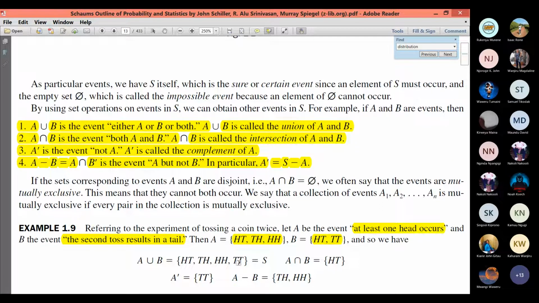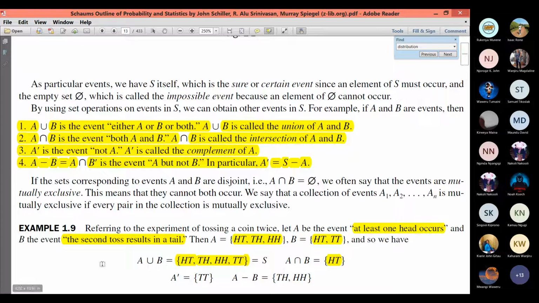Yeah, HT is common. HT is here and here. So we don't repeat elements. We just write HT once. In fact, HT therefore should be in the intersection. Here in the intersection is what is common. So what is common is in the intersection, and in the union is a combination of everything, which is here and here without repeating.